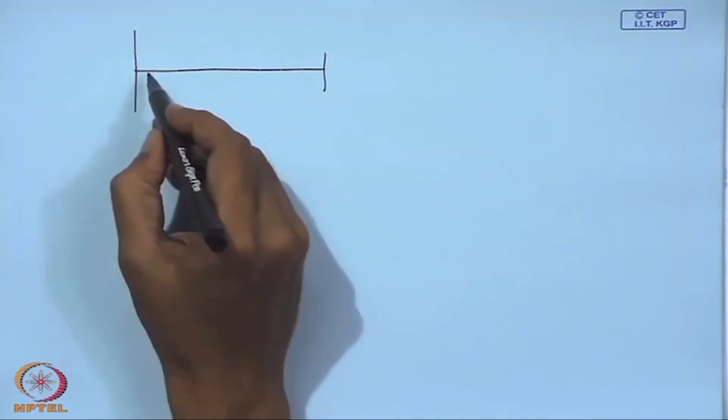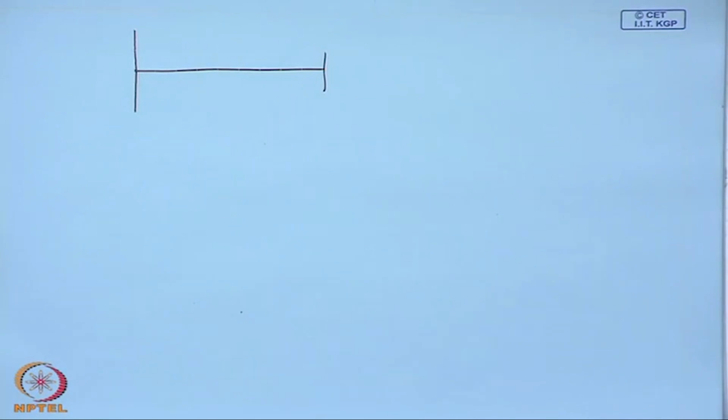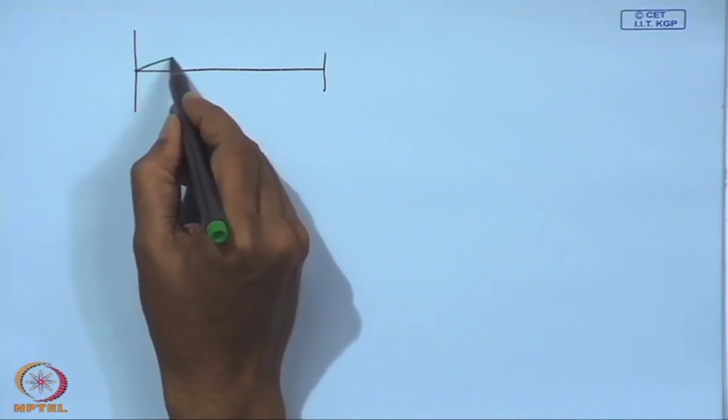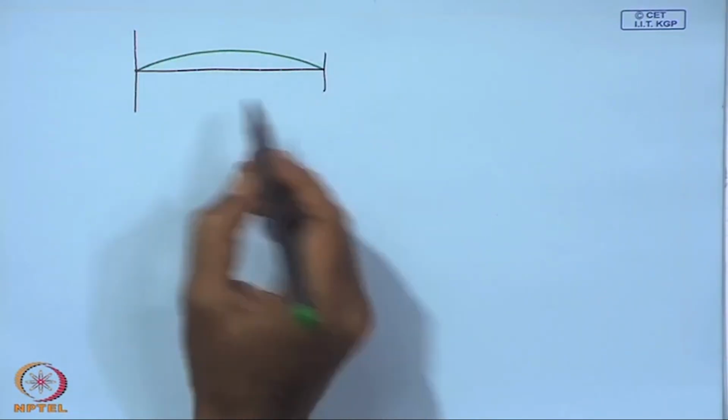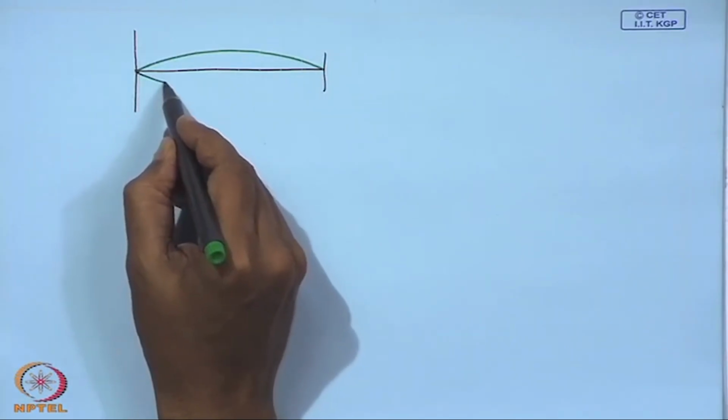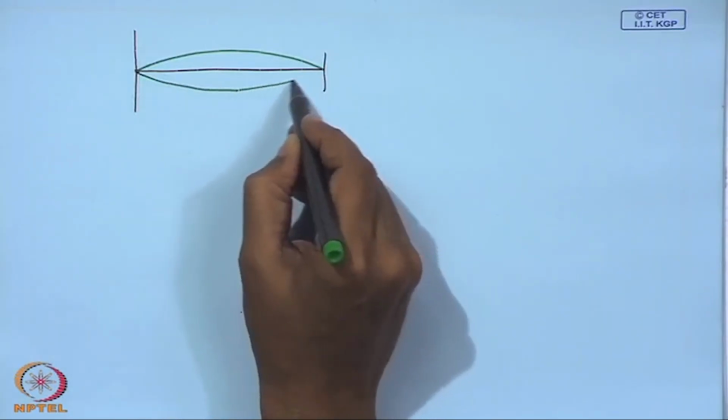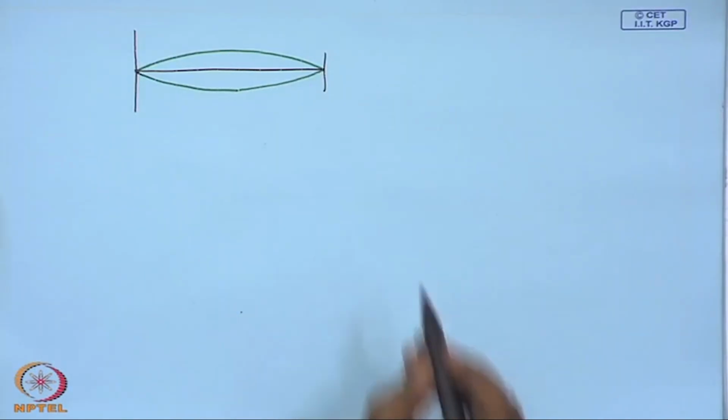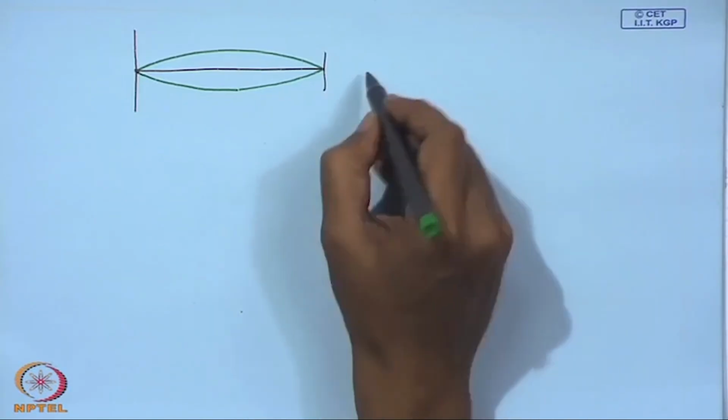So, we have a simply supported Euler-Bernoulli or Rayleigh beam.